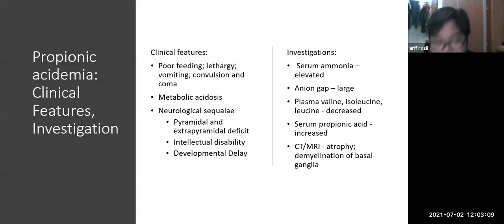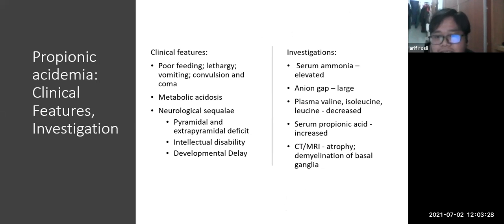Next. Usually the patient will come with symptoms of poor feeding, lethargy, vomiting, convulsion, coma, and metabolic acidosis. They will also have neurological sequelae such as pyramidal and extrapyramidal deficit, and intellectual and developmental delay.